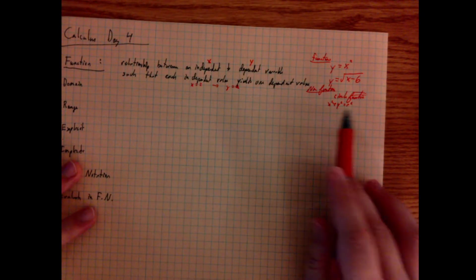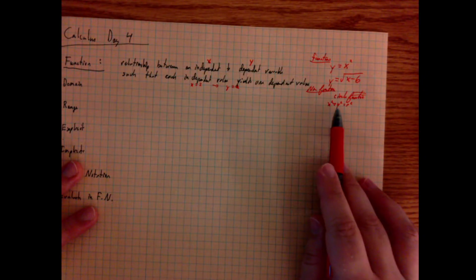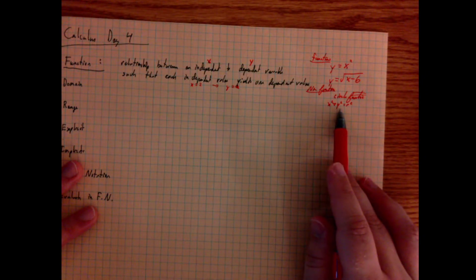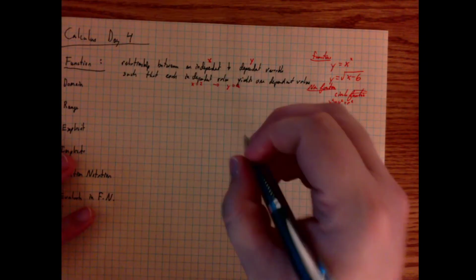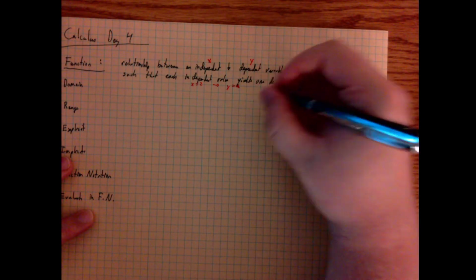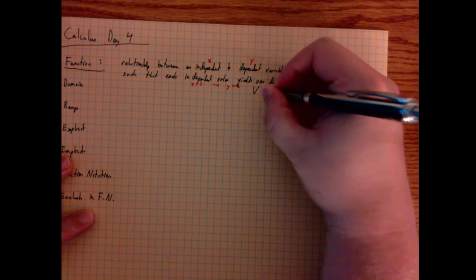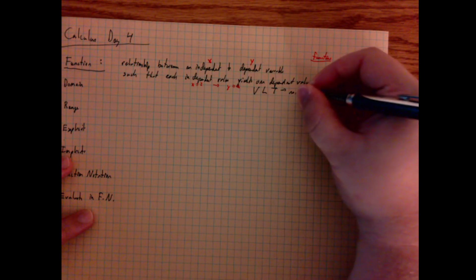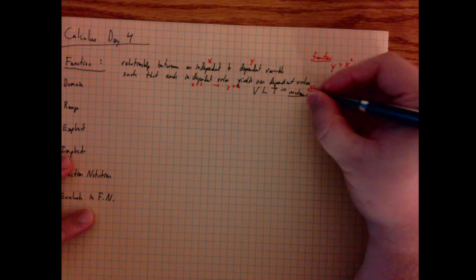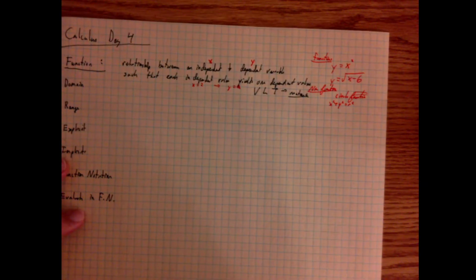If I plug in x is 2, then it's possible I get more than one answer for y. So this is the idea of a function. And a common part of the function is something called the vertical line test, which we will get into next time when we talk about graphing functions. So look for that next time.